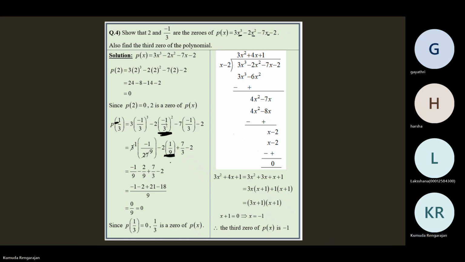Correct? Minus 1 by 3 into minus 1 by 3 is plus 1 by 9. Then again, minus into minus plus 7 by 3 and minus 2. So you can now cancel the 3s and 9s. So we have minus 1 by 9.